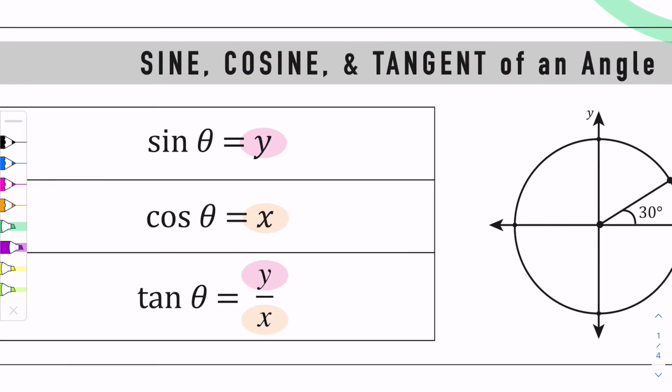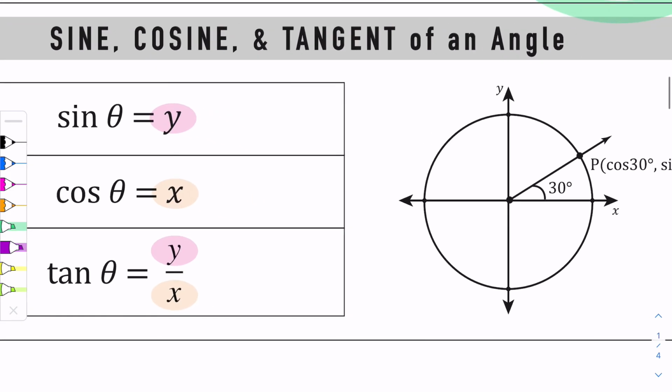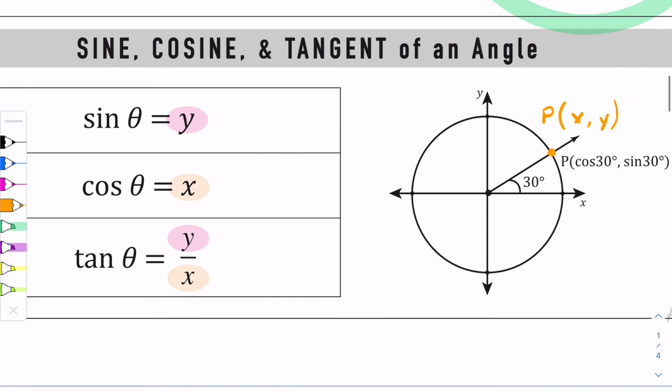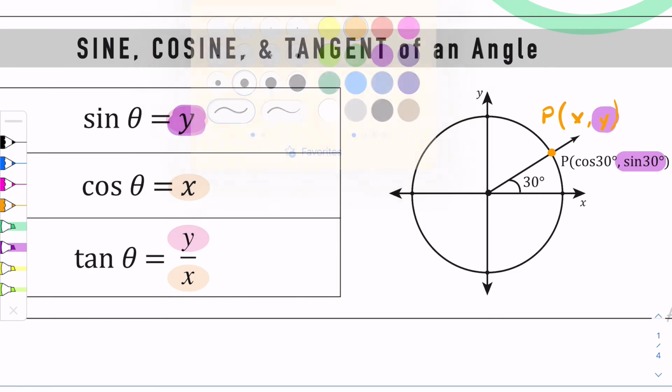All right, your sine, cosine, and tangent values when you are on the unit circle are determined by your ordered pair. So if we have a point on the unit circle, I know this is labeled point P, I'm going to relabel it point P at x comma y. All right, your sine value is always your y value. So whatever your y value is will be your sine value. Your x value is going to be your cosine value.